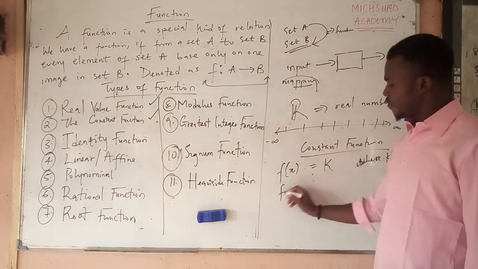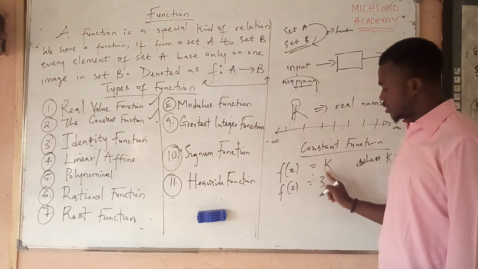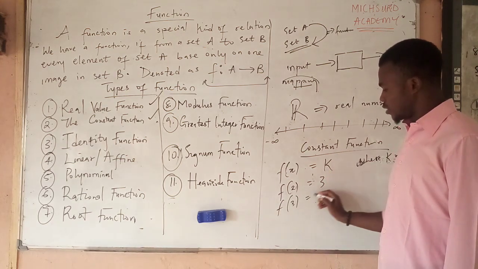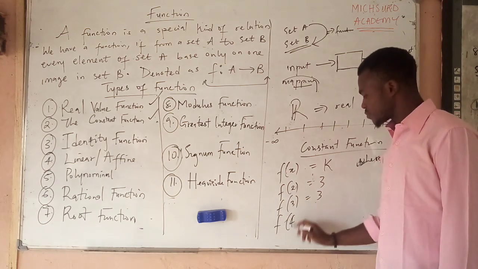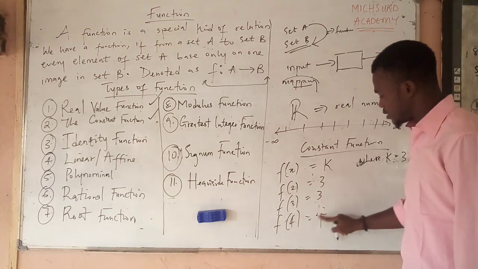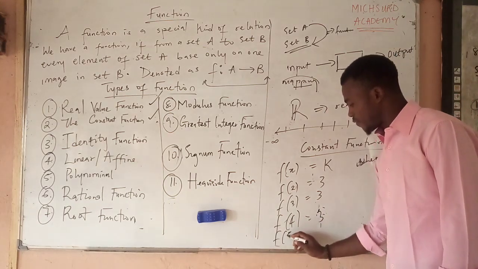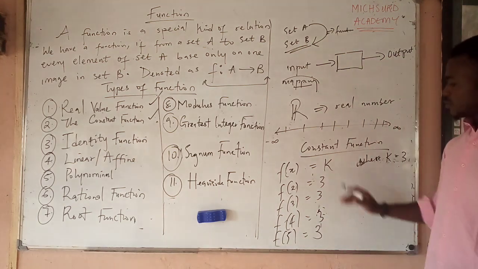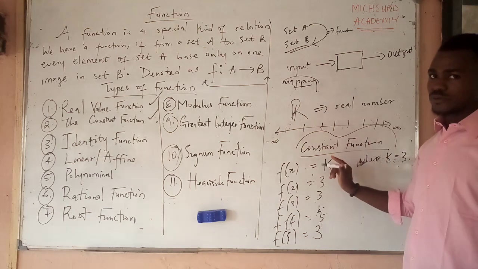If I put f of 2, it gives me 3. If I put f of 3, it also gives me 3. If I put f of 4, it is still 3. And f of 5 is also 3. So we refer to this as the constant function.